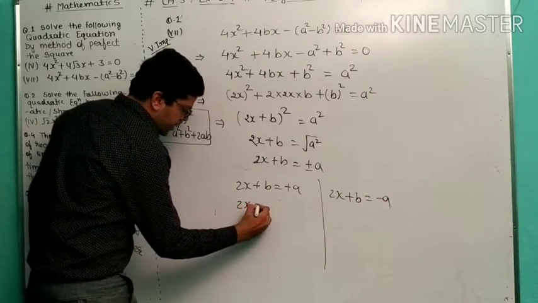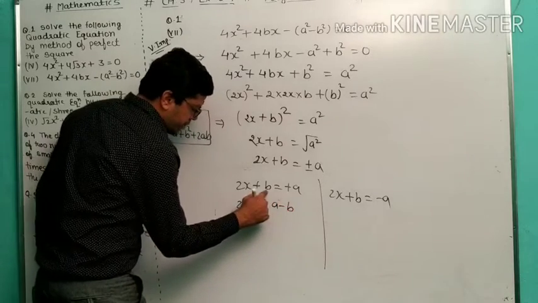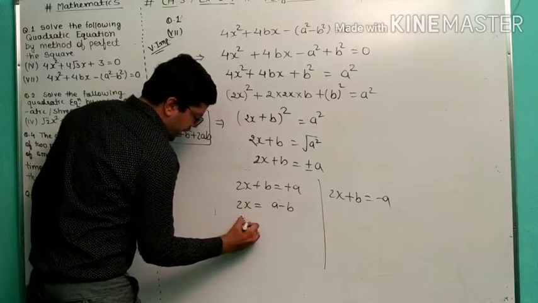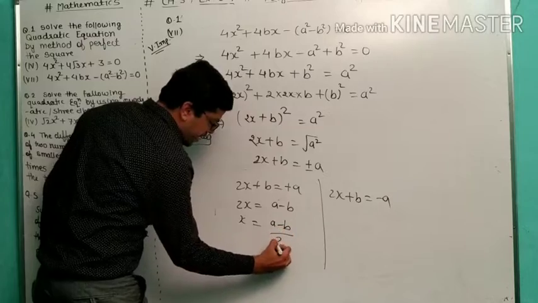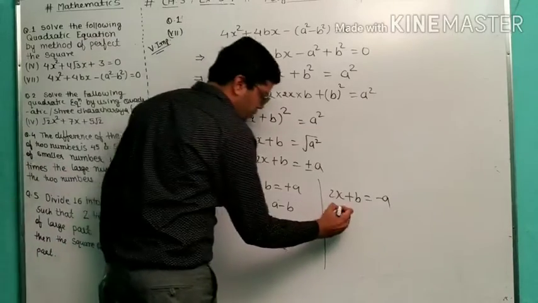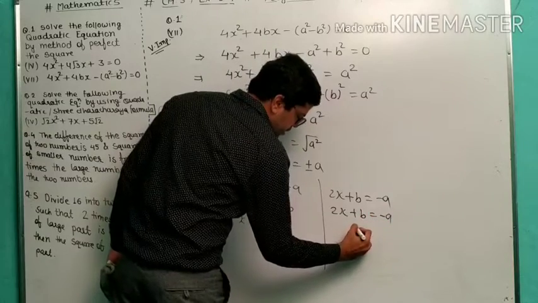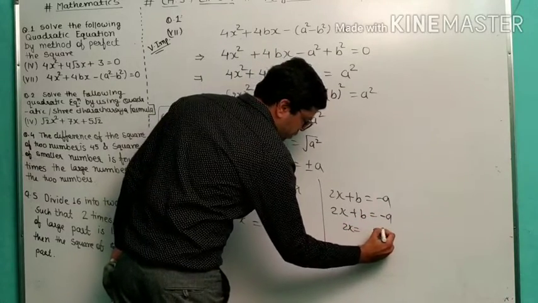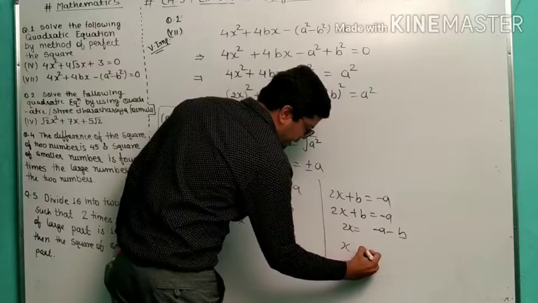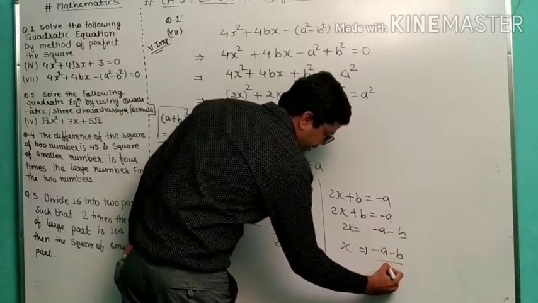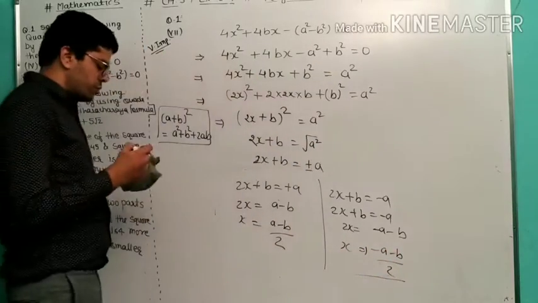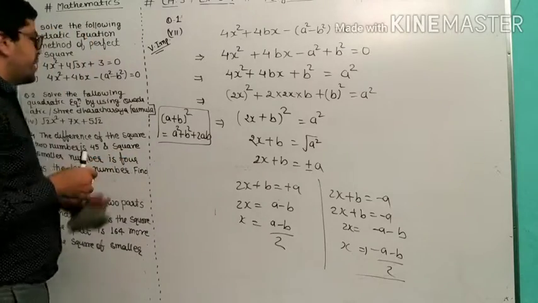Transferring b, we get x is equal to a minus b divided by 2. That is very simple. For 2x plus b is equal to minus a, 2x is equal to minus a minus b, and x is equal to minus a minus b divided by 2. So we got both the zeros of question number first here.